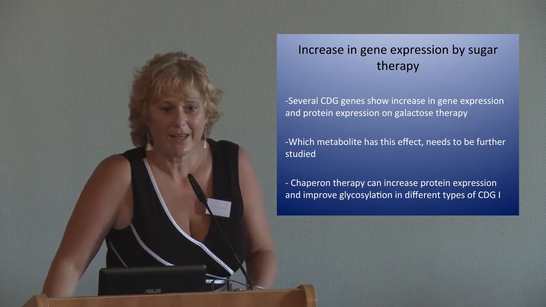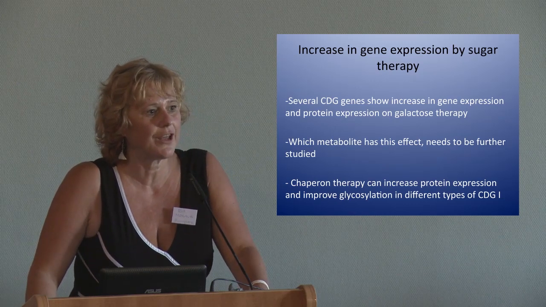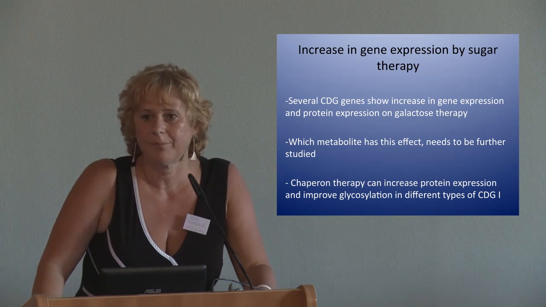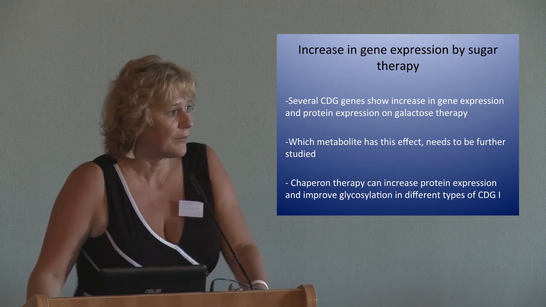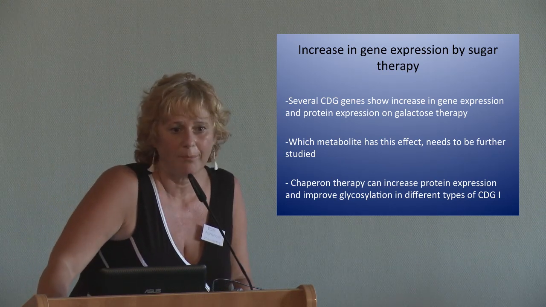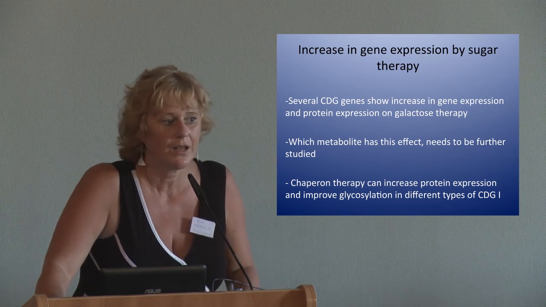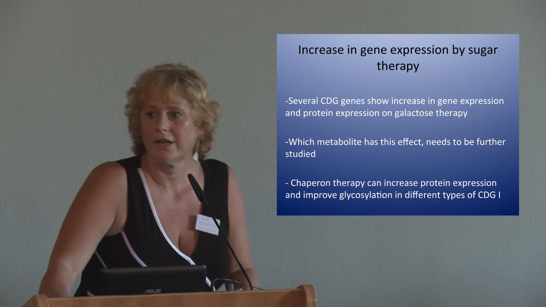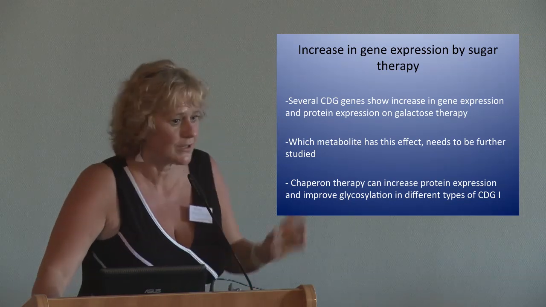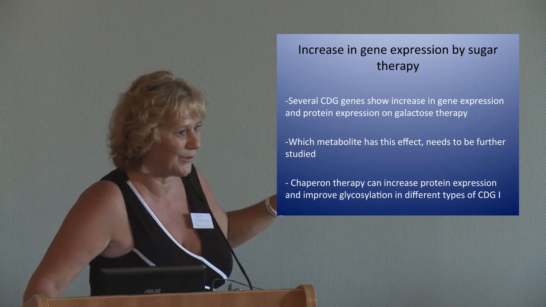One more thing maybe about long-term therapy. I think we still have to learn about sugar pools in our body and alternate pathways. I just want to share with you an experience from CHOP. CHOP has a very severe PGM1-deficient patient who was diagnosed and put on lactose therapy. So lactose is galactose and glucose. So it was not galactose, but lactose.